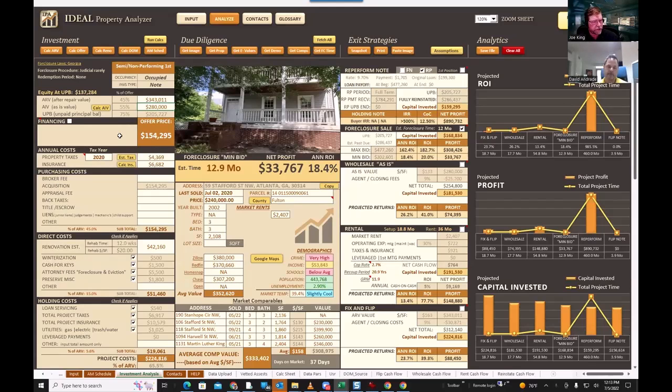We've actually purchased non-performing notes at 110% before, and we've made money. So it really comes down to what your return is against each exit strategy as you look at those.